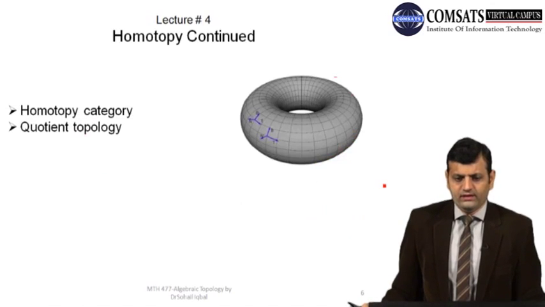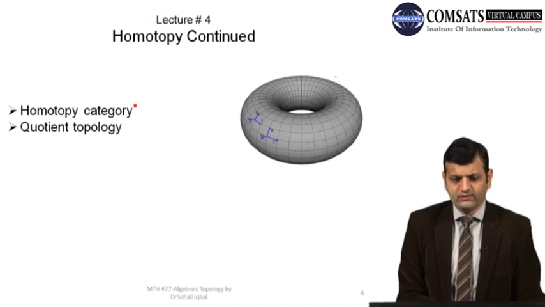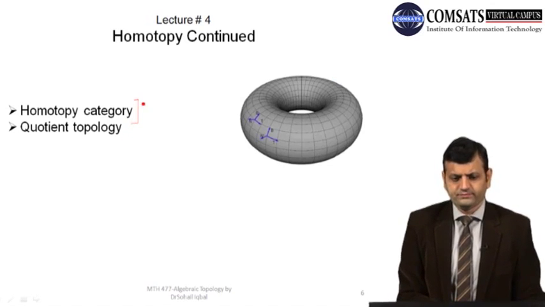In lecture number 4 we continued with our discussion of homotopy, and then we defined what a homotopy category is. This is a quotient category of the category of topological spaces, and using this category most of the ideas were simplified.